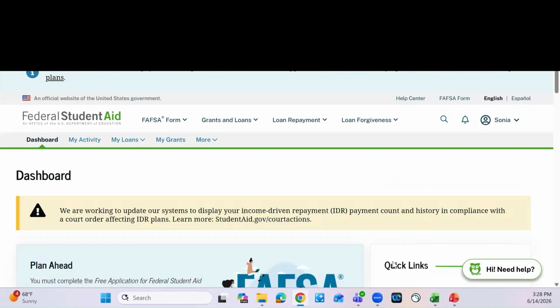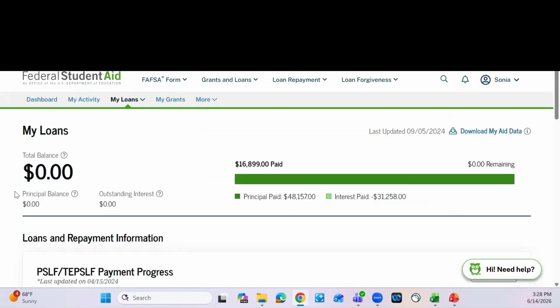Once you're on your dashboard, click under My Loans and then click on Loans. This will bring you to the loan section where you will be able to review your total balance, your total principal balance, outstanding interest, and remaining paid.